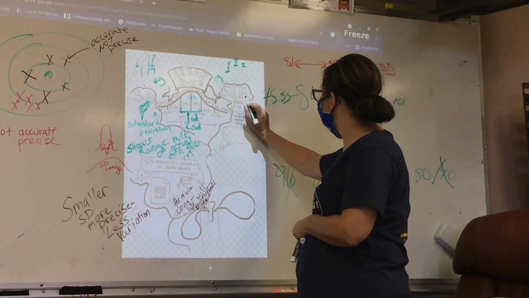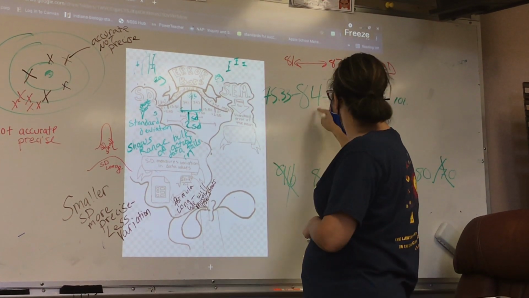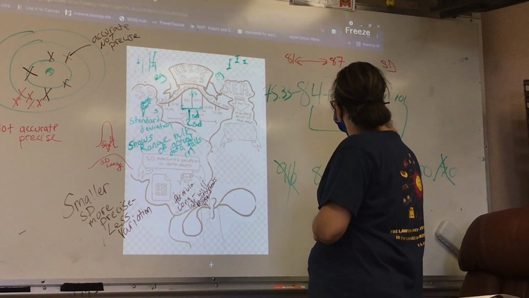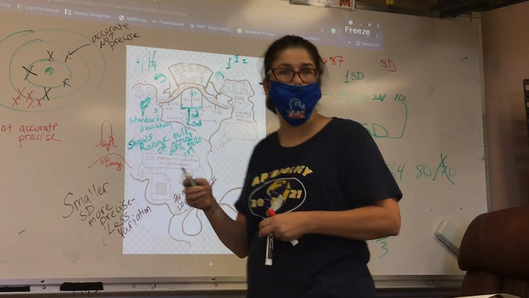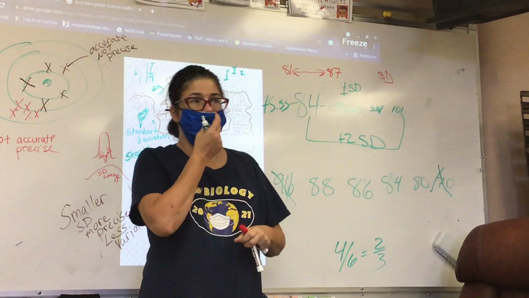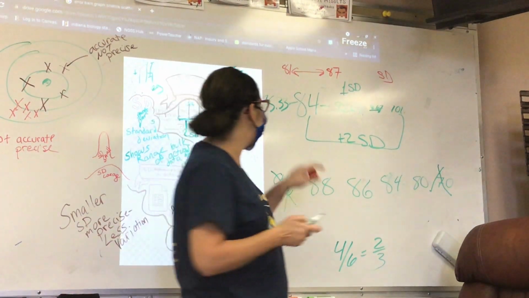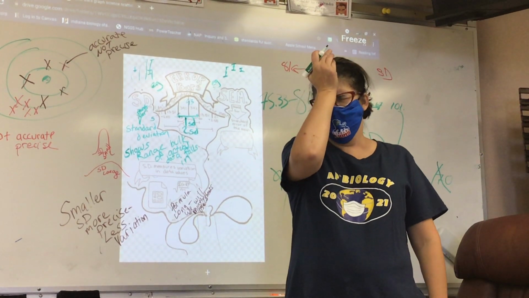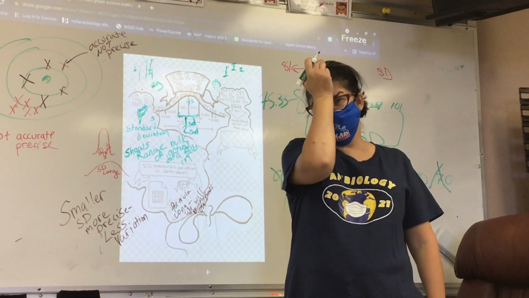And now this is plus 2 SD, because I added one standard deviation and added it again. And I do the same backwards, which I can't do subtraction. Can someone tell me what 75.33 minus 8 is?